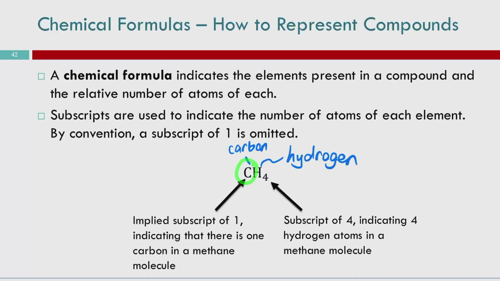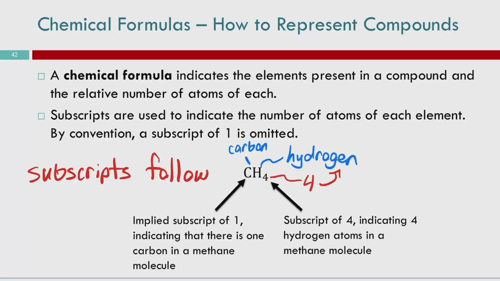So 1 carbon, and the hydrogen has a 4 after, that means we have 4 hydrogens. And the subscripts always trail, or follow the element they're talking about.